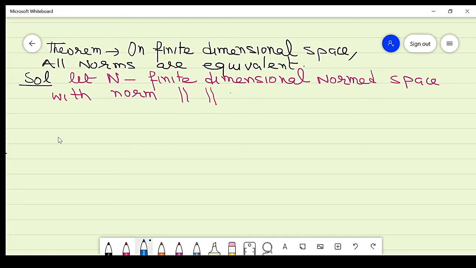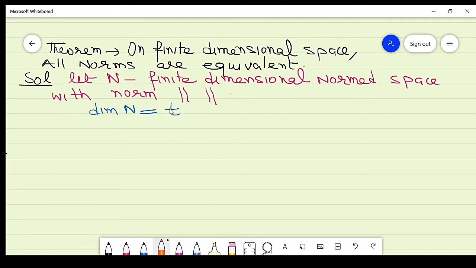Now, if this N is a finite dimensional normed space with this norm, then it has some dimension. Suppose the dimension of N is equal to t. You can also take it as s, p or any other number.